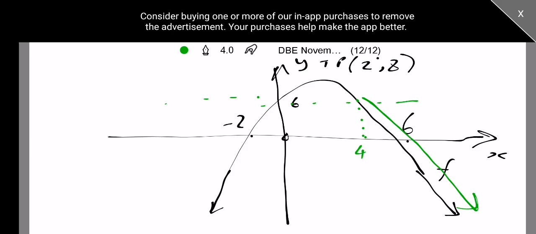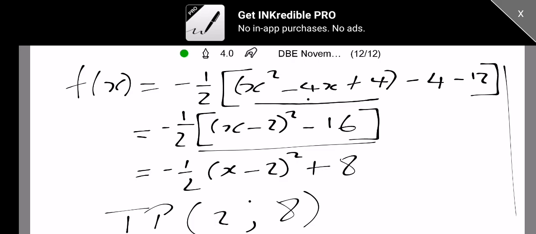It is 4. The reason I said it is 4 is, if we look at the axis of symmetry, the x value at the turning point is going to be 2.